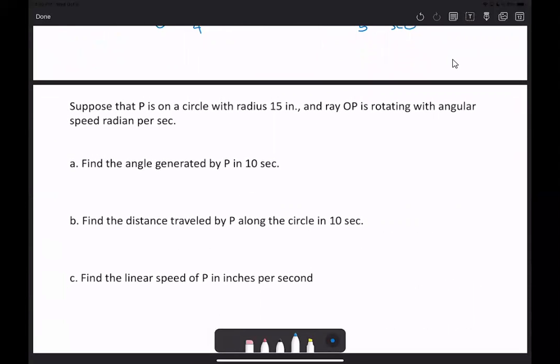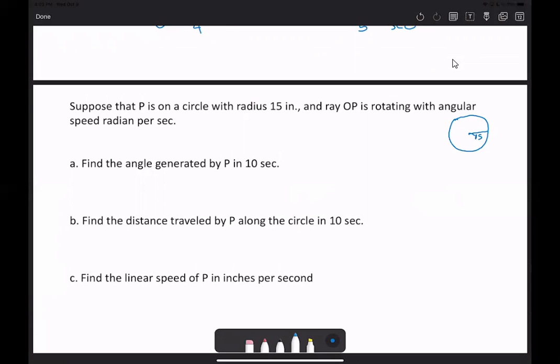The last example has multiple parts. Suppose that P is on a circle with a radius of 15. I'm going to draw this circle and sketch the radius, which is 15. Keep in mind it's going to be 15 inches.